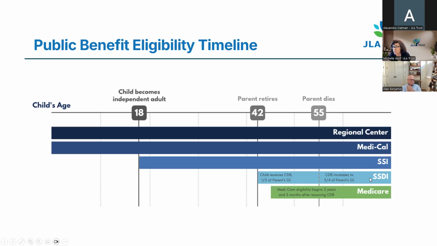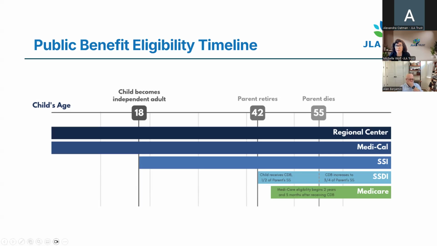I do want to mention that after someone has been getting SSDI, that adult disabled child program, for 24 continuous months, they will qualify for Medicare, even if they are under the age of 65. That's a really helpful benefit to our clients.